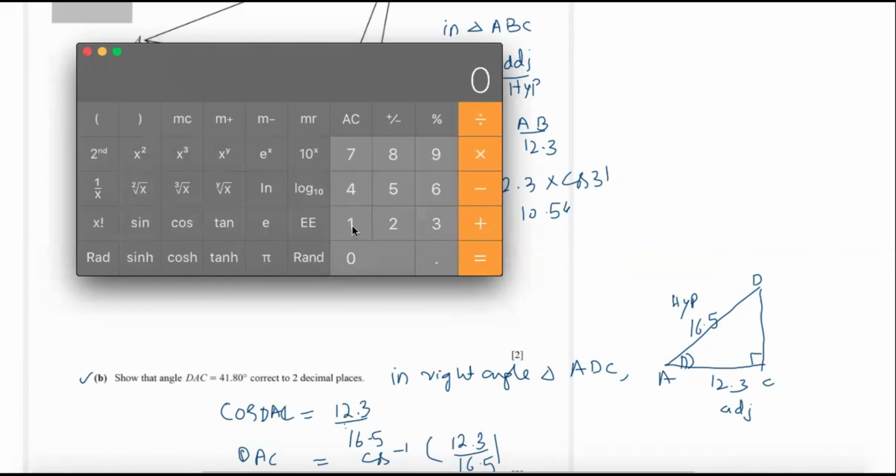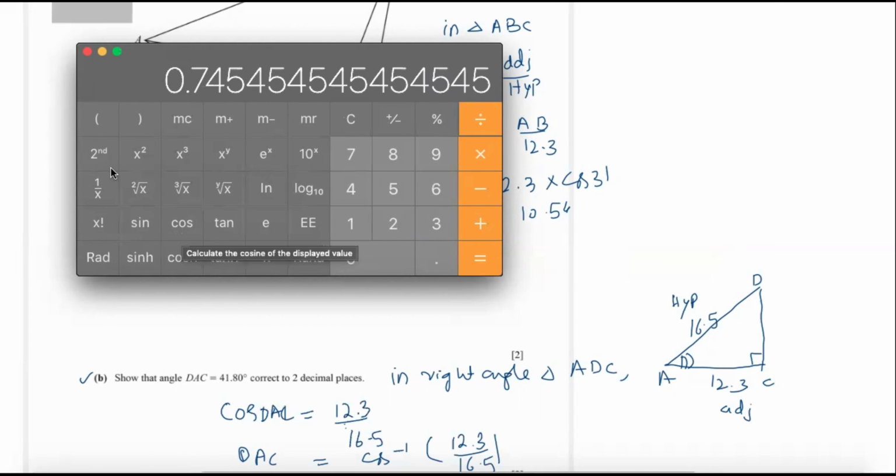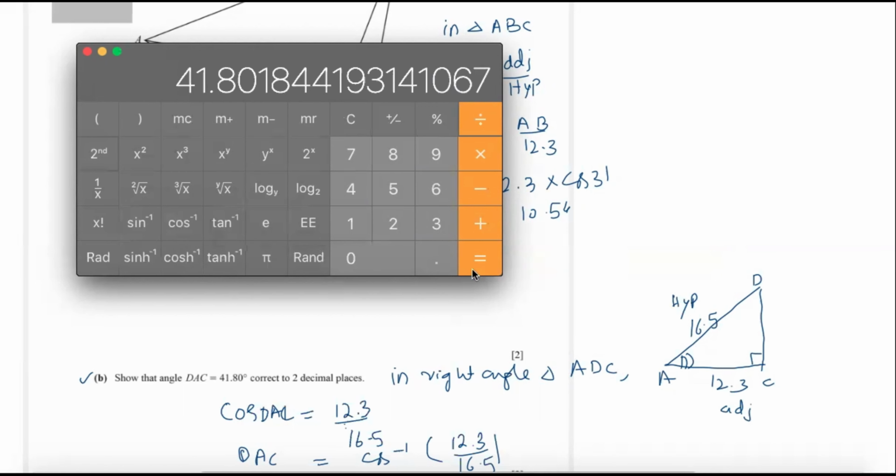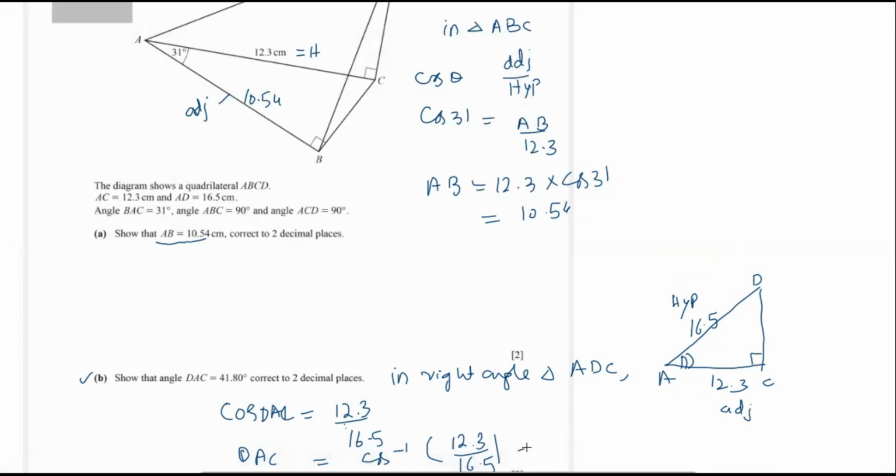Now 12.3 divided by 16.5 is equal to 0.74. We take the cos inverse. That value will be equal to 41.80 degrees, and we have to prove this. Now, this is the answer.